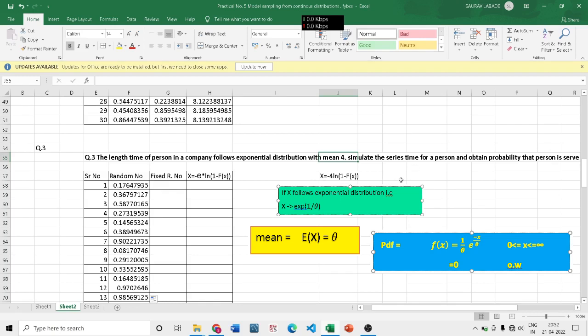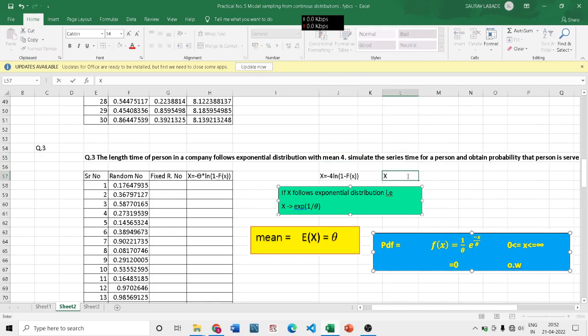Firstly we are seeing what the parameter of the exponential distribution is. If x follows the exponential distribution, then symbolically we can write it as x follows exponential with parameter 1 by theta.